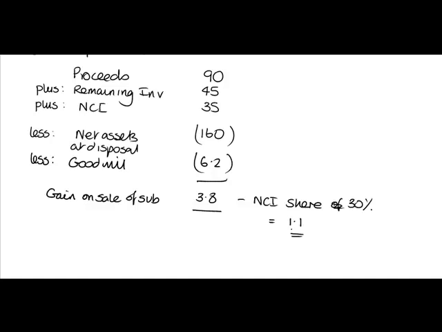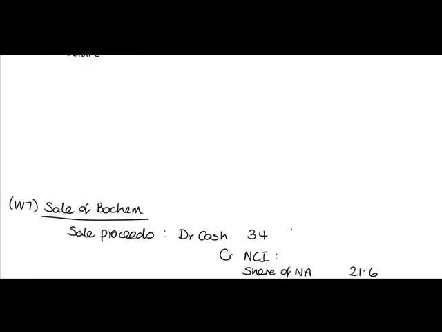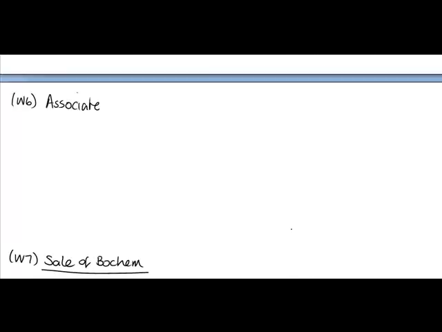What we could probably do at this stage is that we now know that given that profits arise equally over the year, we can work out a figure for the associate. Share of Serum profit.